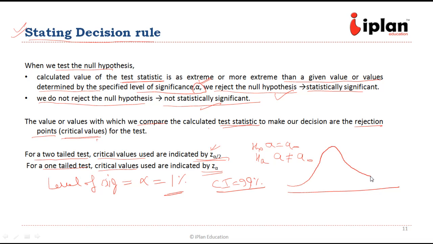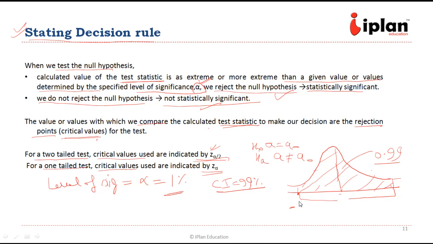If we plot the normal distribution curve, this is the center point, mean, mode and median, and say this area is going to be 0.99, which is the probability.